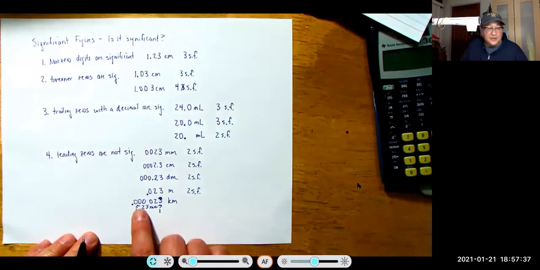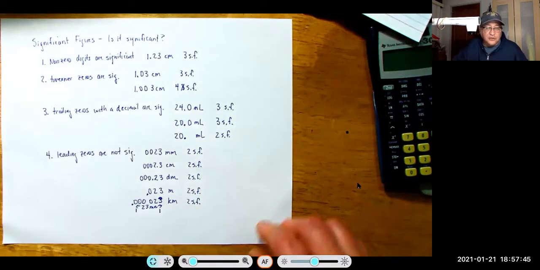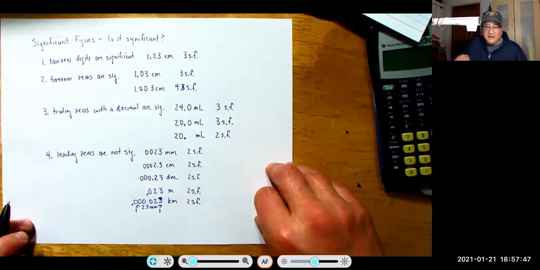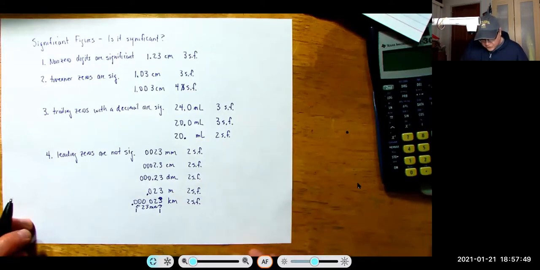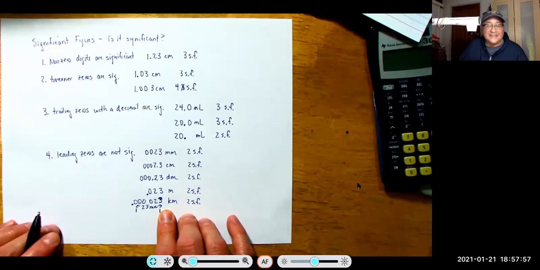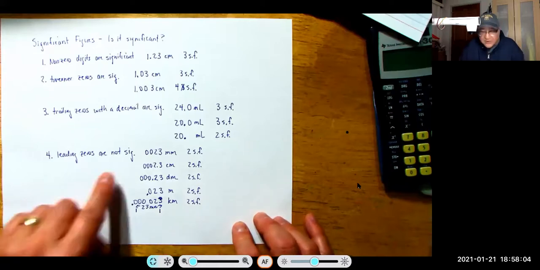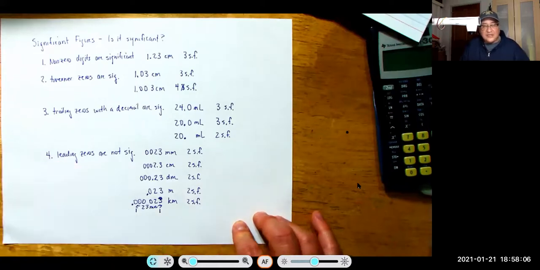That's supposed to read 000 space 023 kilometers, 2 zig figs, because leading zeros do not count ever. Guess what 0.000023 kilometers is compared to the rest of these numbers? Yeah, you know, it's the same amount. So it doesn't matter whether you see a decimal or not. There's no decimal in the definition. Leading zeros never count.